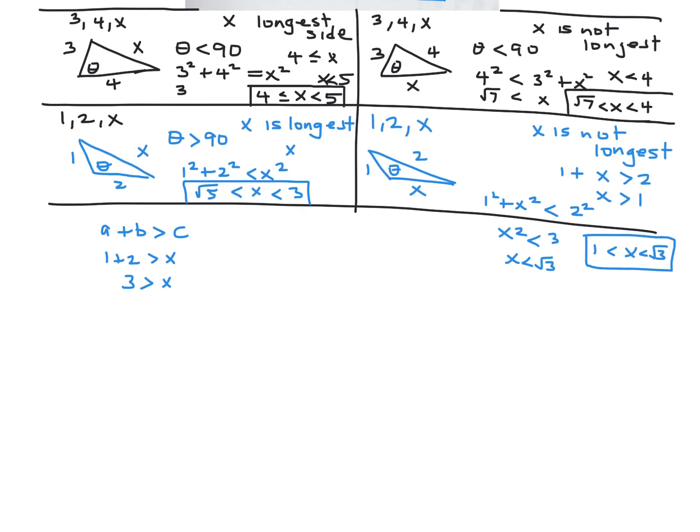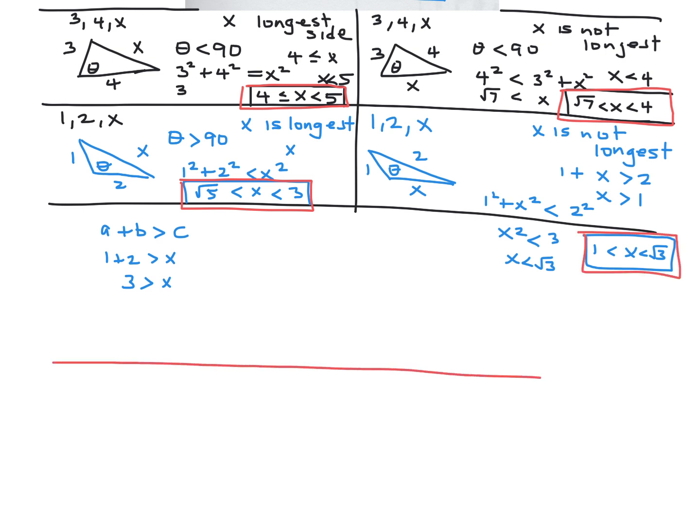Okay, so now we have to combine these 4 to get a common range. We got to put them on a number line and get the common part. Okay, let's do it. So we got 5 here, 4 here, so that's this one. And then we got 4 and root 7.